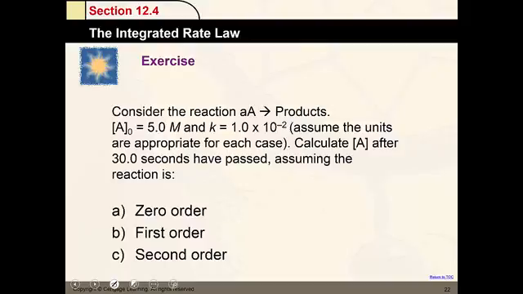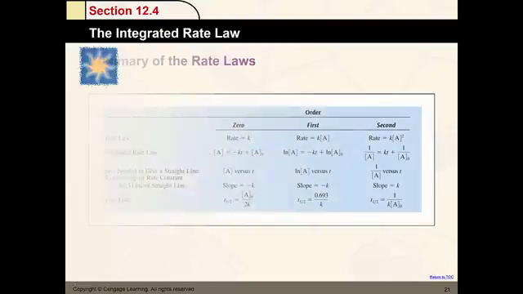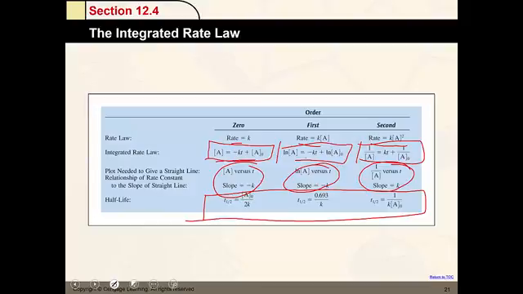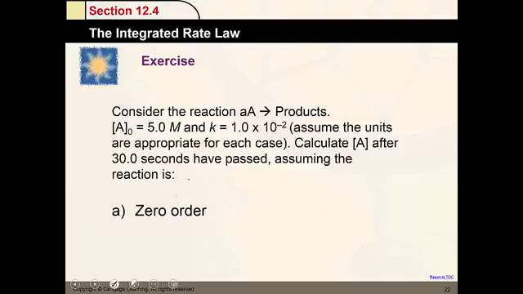Okay, and you should be able to use all those equations, if it's zero, first, or second order, to calculate some concentration after a certain amount of time has passed. So for example here, if this is zero order, we know our integrated rate law for zero order is this. So that means here the concentration of A is equal to negative kt, and usually here for zero order the units of k are the same as they are for rate, moles over liters times seconds.